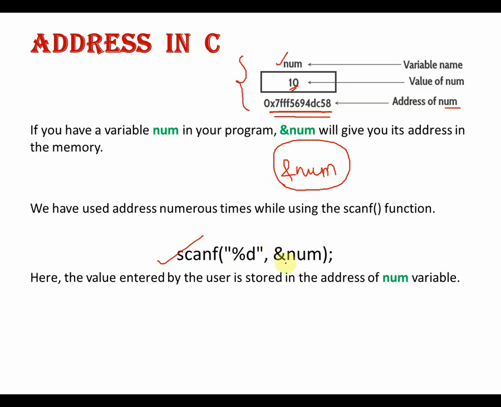Ampersand num, so ampersand the variable, actually means nothing but the address of that variable num. So when we use this scanf statement, whatever the user enters will be stored at this address in memory. Hence we write the ampersand sign and then the variable name. So this is how we represent addresses in memory, by using an ampersand sign.